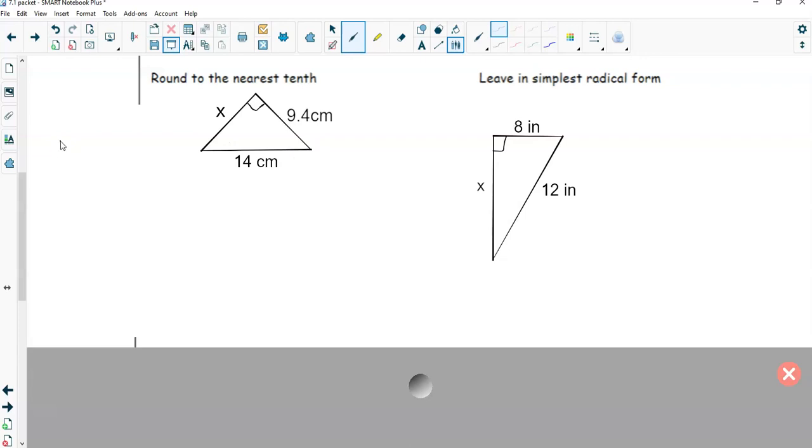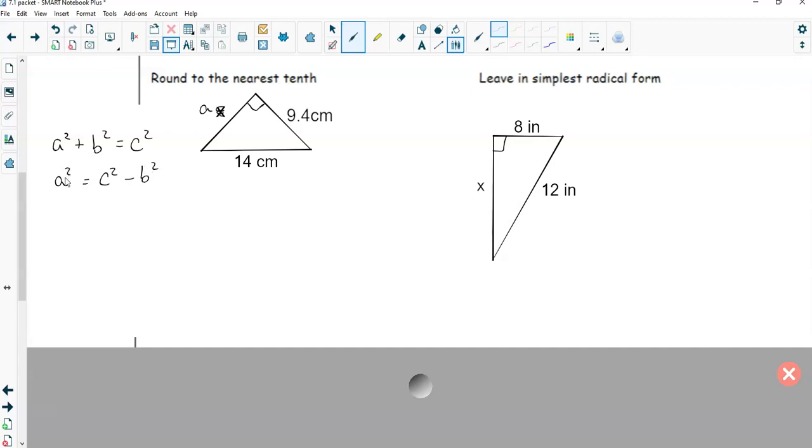If you have a squared plus b squared equals c squared, I'm going to show you why it works. Let's say I'm looking for a. In this case, instead of x, let's call it a. Notice that a squared is equal to c squared minus b squared, because I subtract b squared on both sides.